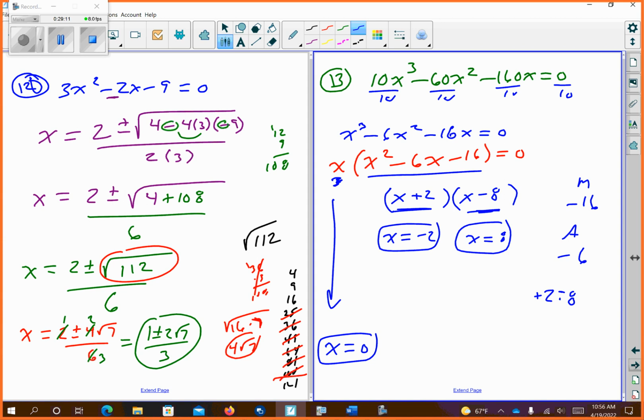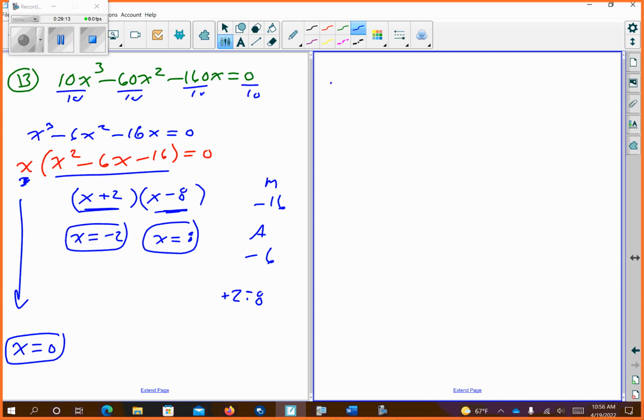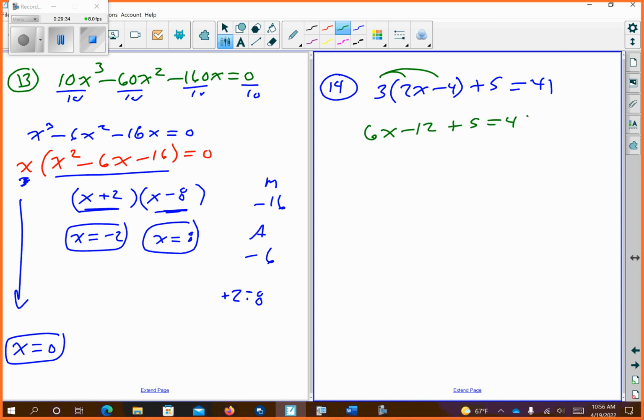All right, number 14. 3 times 2x minus 4 plus 5 equals 41. Distribute here and here, so I get 6x minus 12 plus 5 equals 41.